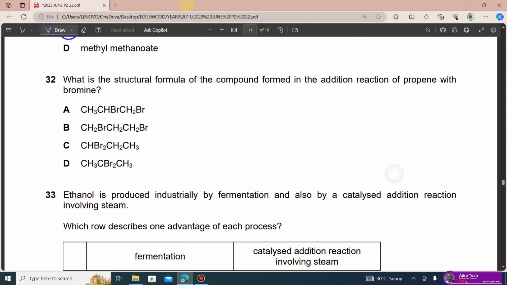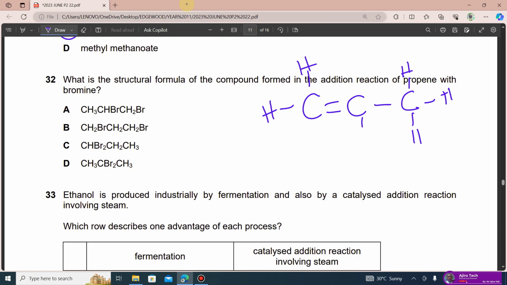All right, so for question 32, what is the structural formula of the compound formed in the addition reaction of propene with bromine? So propene is something like this. All right, so the hydrogens are attached to these carbons. There's 1 here, there's 1 here, there is 1 here.